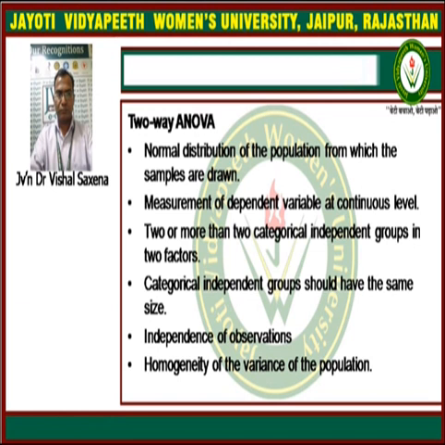And next is categorical independent groups should have the same size. Important: categorical independent groups must have the same size for applying the two-way ANOVA test. And next is independence of observations, meaning the observations should be independent. And the last point is homogeneity of the variance of the population. So these are the assumptions for the two-way ANOVA test.